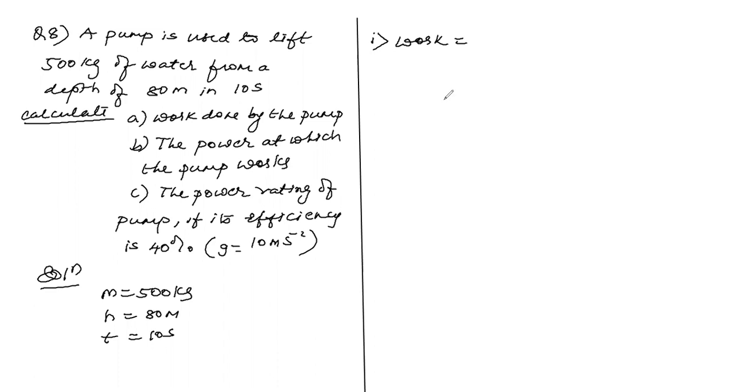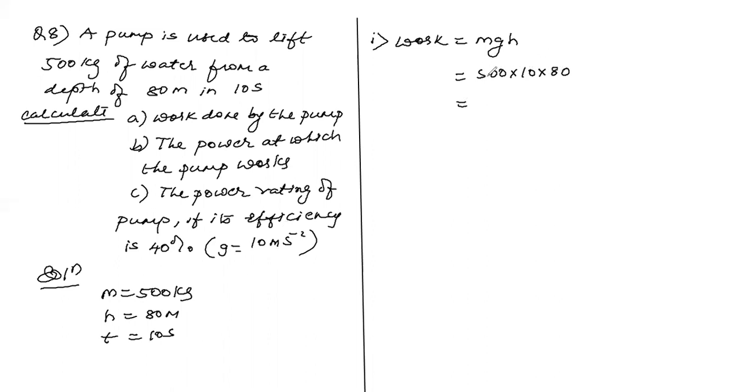So work done in case of lifting is always mgh in place of F into S. Mass of the water to be lifted is 500. The value of G given in the question is 10. And the value of h is 80 meters. So all in SI unit, no problem at all.